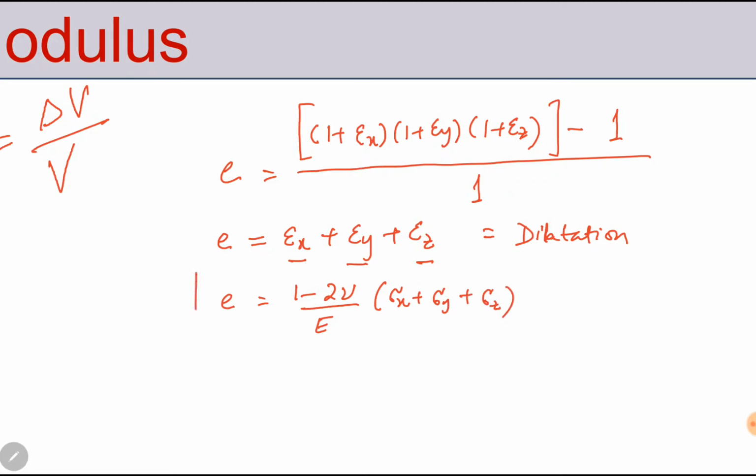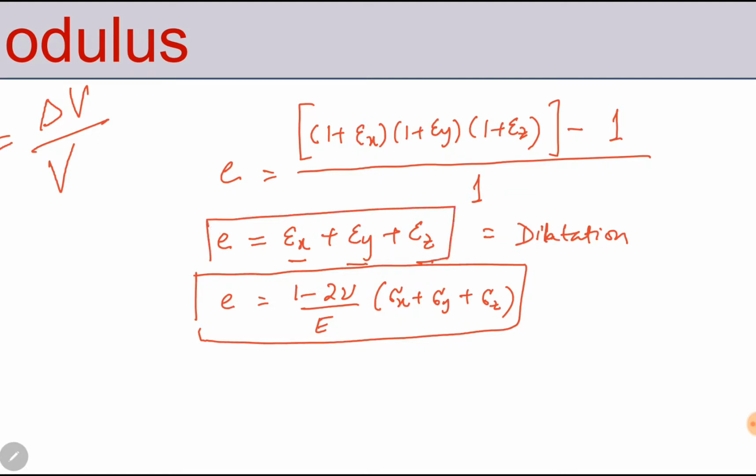So this is the expression of dilatation in terms of stresses, sigma x, sigma y and sigma z, and the previous one was in terms of strains. We can use any one of them. It depends upon the known values, either we know the values of stresses or strains. You can do the simplification steps by yourself.